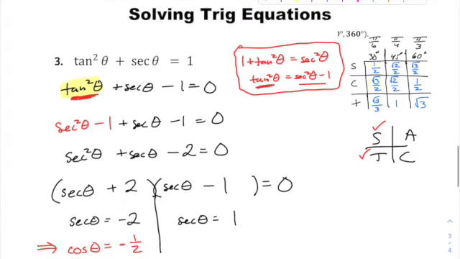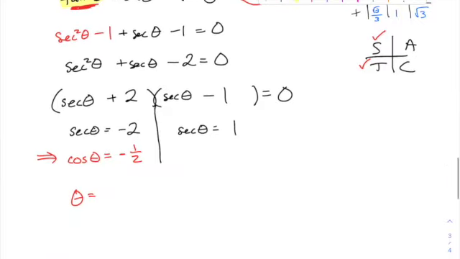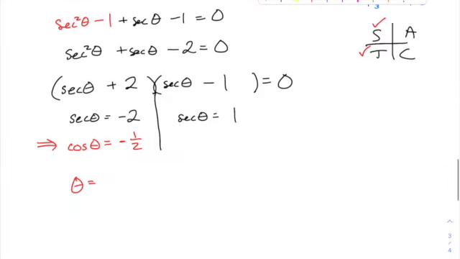So reference angle of pi/3 in quadrants 2 and 3. So pi/3 in quadrant 2, 1 less than the denominator, 2 pi/3. Quadrant 3, 1 more than the denominator, 4 pi/3. In degrees, that's 180 minus 60, which is 120 degrees. 180 plus 60, 240 degrees. So there's our two solutions for that little equation.